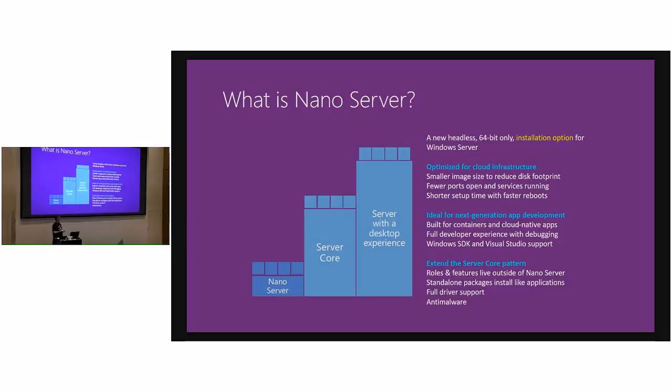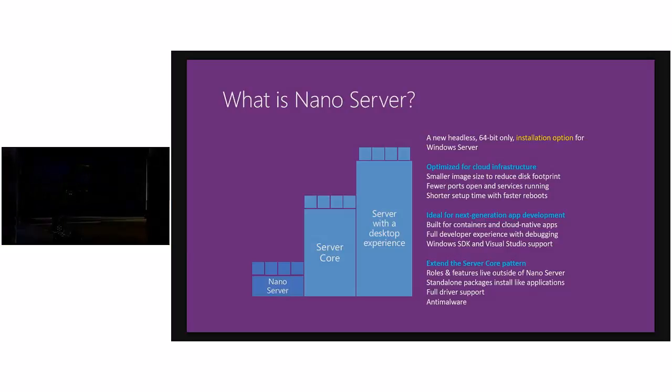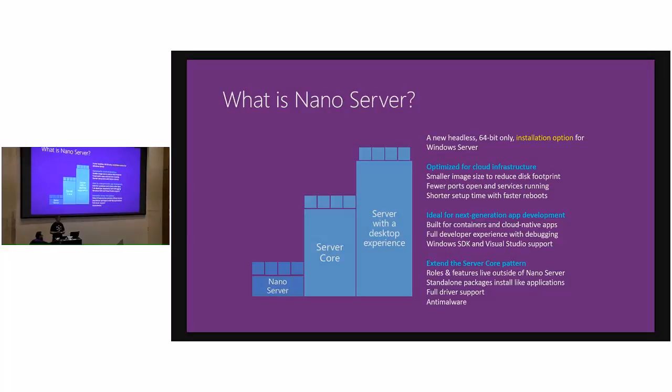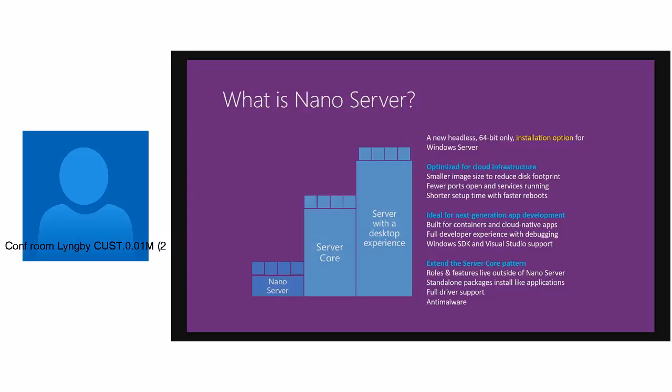You can have fewer ports on it as well, and fewer services running, which is also very important, because you start decreasing the attack surface with that. It also boots very fast, which is really important, because we want to have a shorter setup time.